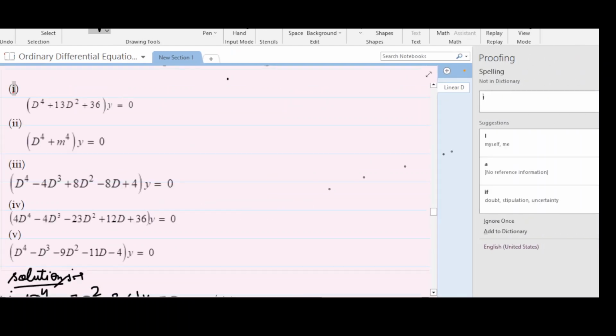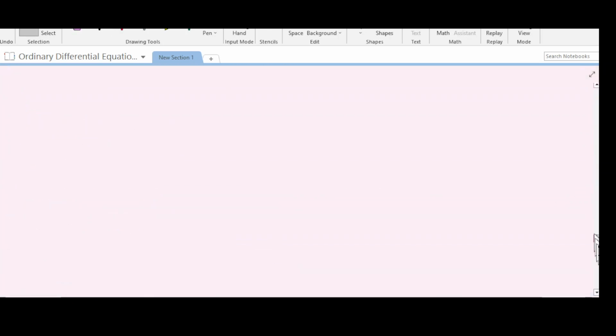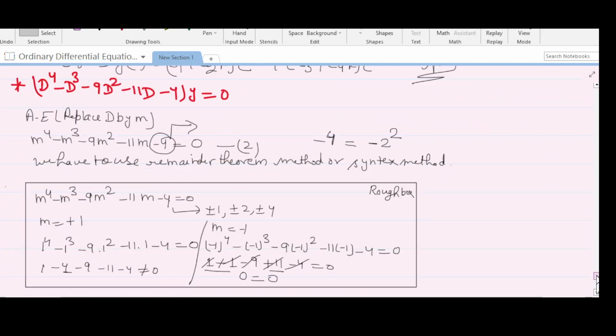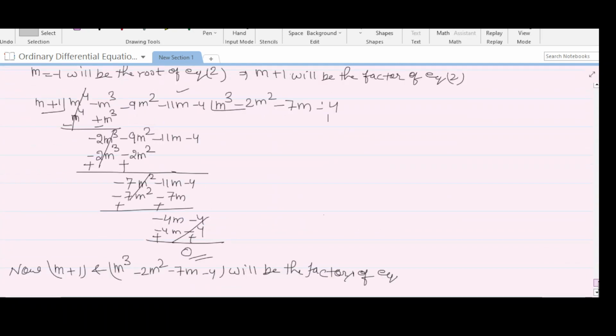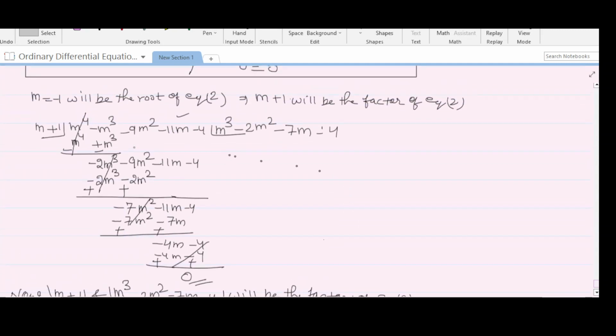Now I hope this has been fixed. So we will go further. Will be the factors of equation number 2. Right? So which equation? This equation.